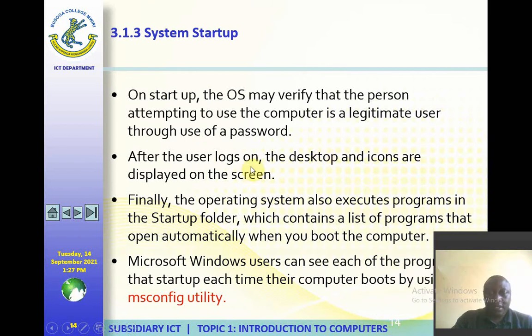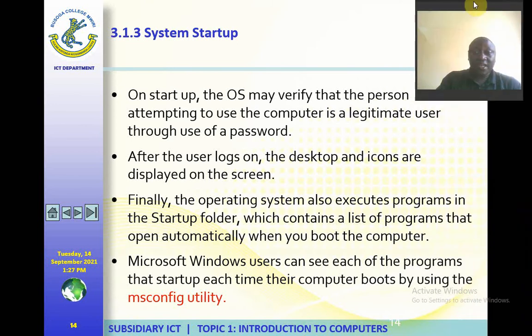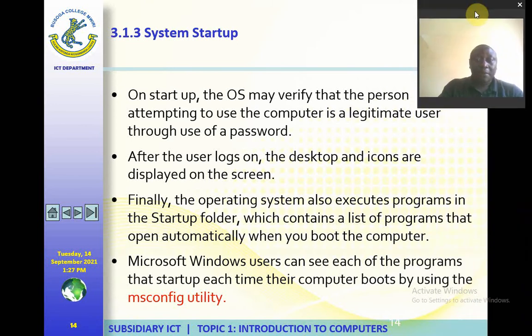After the user logs in, the desktop and icons are displayed on the screen. Finally, the operating system also executes programs in the startup folder, which contains a list of programs that open automatically when you boot the computer.